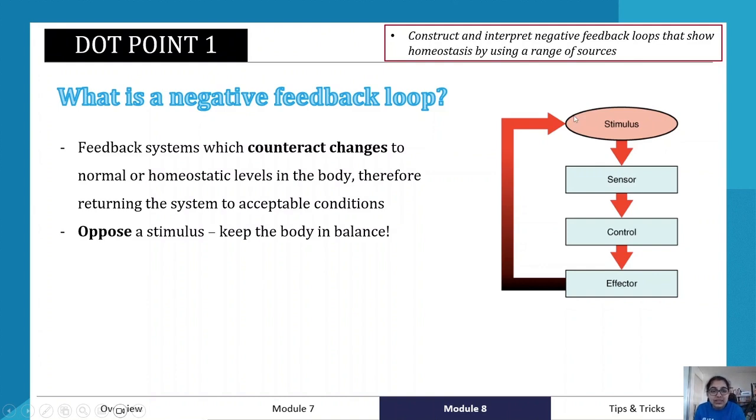Then we've got sensors in the body. Sensors could be, for example, those receptors that we just looked at. And then we've got a control center. The control center is going to dictate how we react to it and send the signals to the effector. And as a result of that, we're then going to see the change being counteracted.